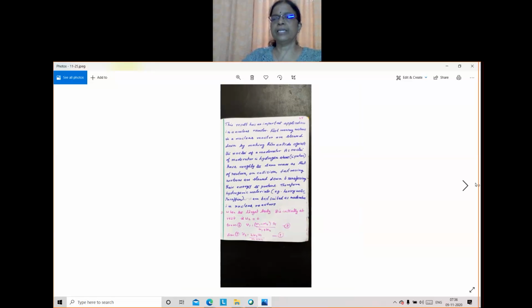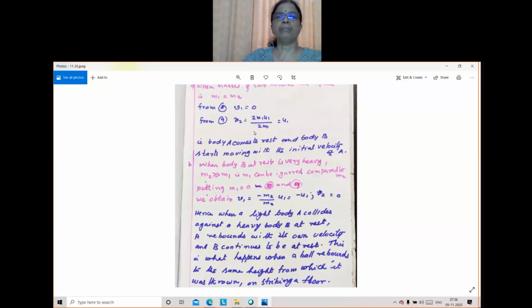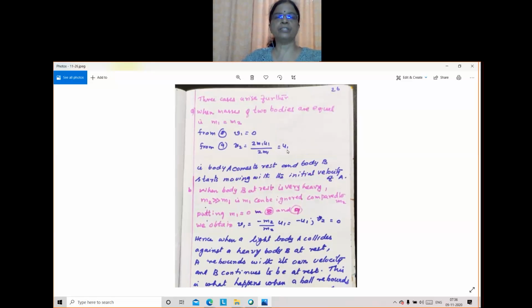So that is the case we have discussed here. V1, the first body's velocity, becomes 0. At the same time, the second body gets the first body's velocity. The coin which we strike has its velocity become 0 after hitting the other coin, when they are of equal mass.